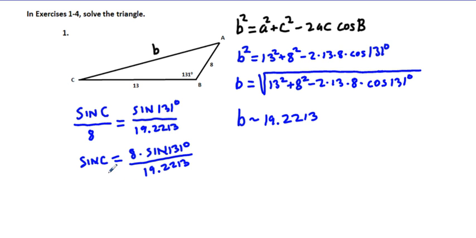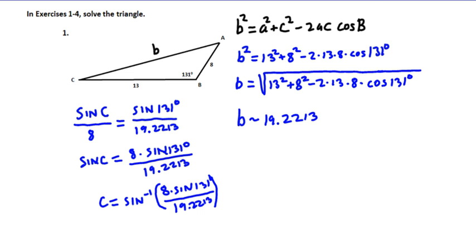And lastly, if we want to get the angle itself, we'll say C is equal to the inverse sine of all this: 8 times sine 131 degrees all over 19.2213.